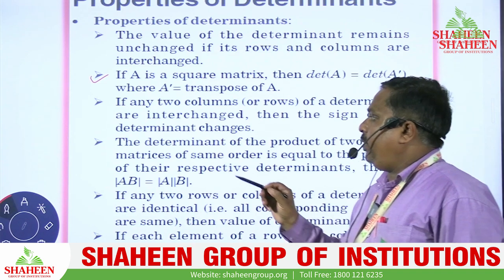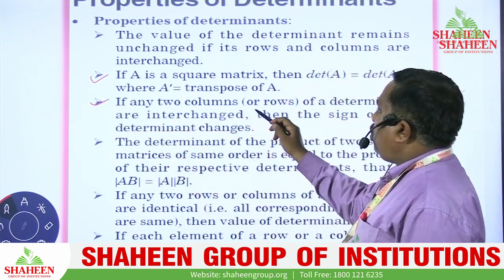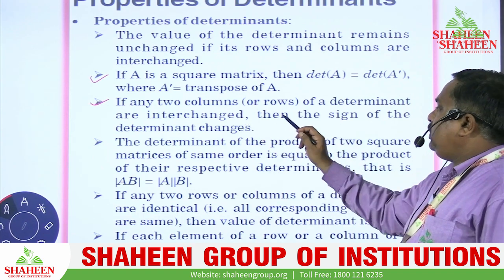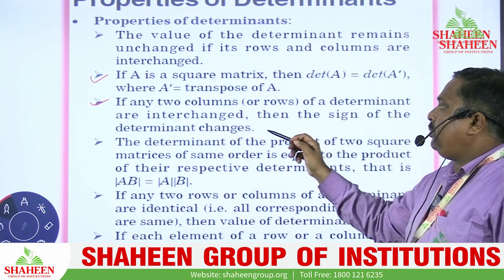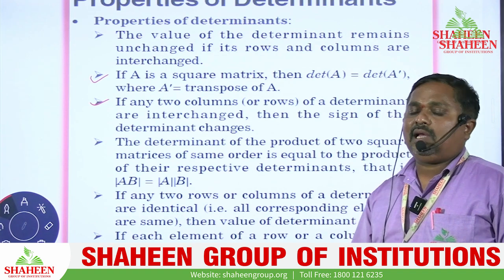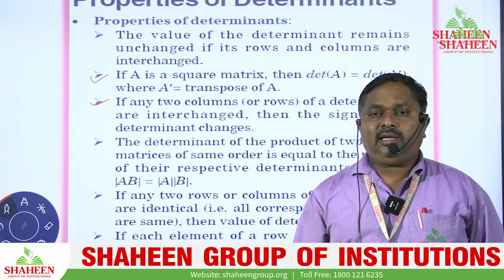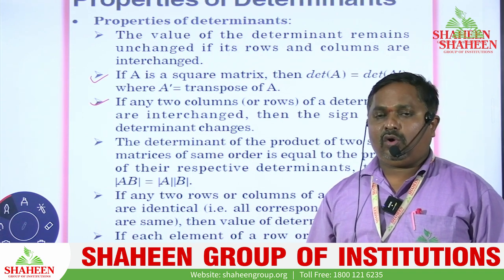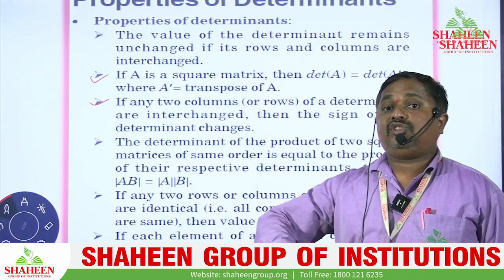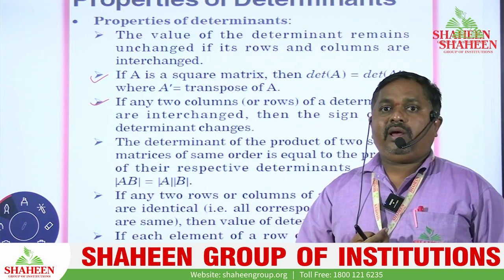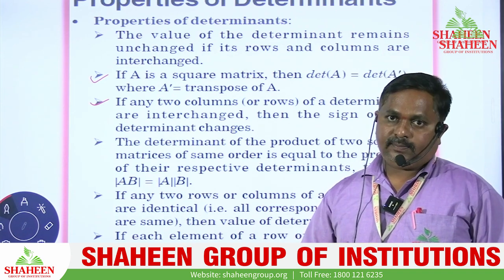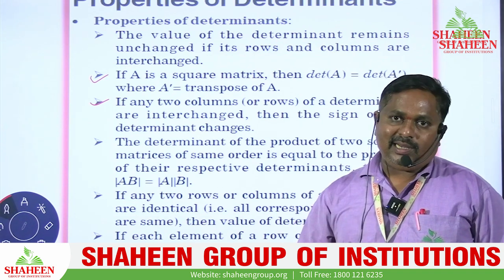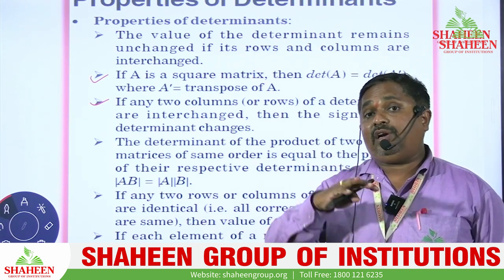The third point: if any two columns or rows of a determinant are interchanged, then the sign of the determinant changes. For example, if we apply a row operation or column operation, that is we are interchanging any two rows or any two columns, writing R1 in place of R2 and R2 in place of R1, then the sign of the determinant changes.